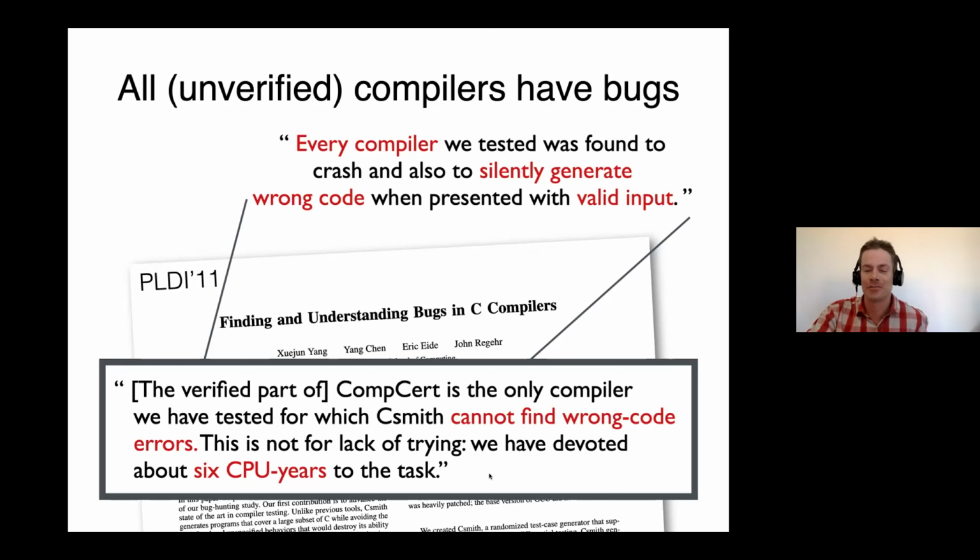And this is not for lack of trying. They spent 6 CPU years on the task. They really tried to hammer this one, but couldn't find any faults in it. So even if you don't quite believe in all the specifications of the language or the methodology used to verify the compilers, the results still seem, in empirical tests, very, very robust.